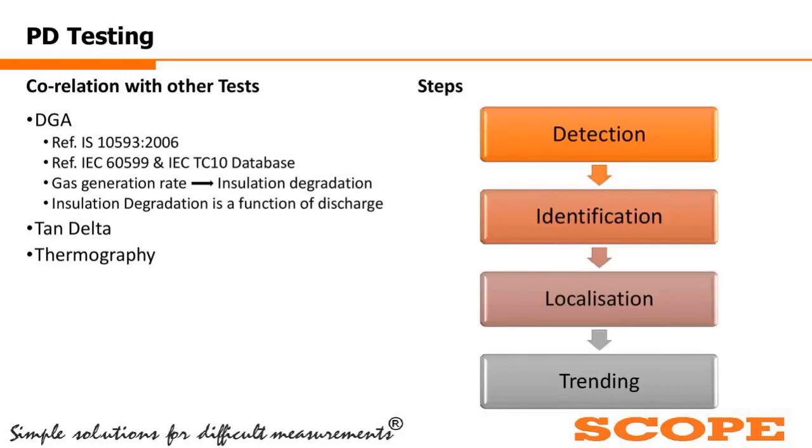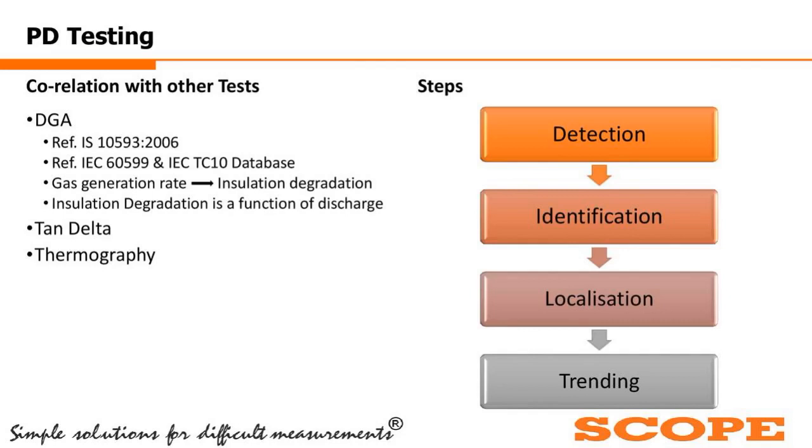Now, what steps should we follow? First is the detection. I have to detect that something is going wrong. Then I need to identify what is going wrong, which type of discharge is happening.